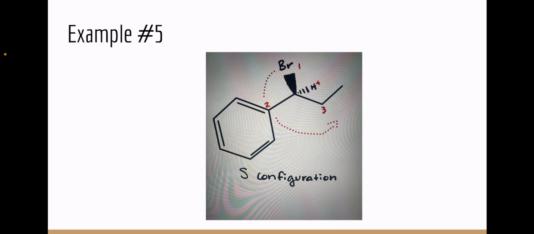The one on the right is connected to 1 more carbon, but then it is connected to hydrogens after that. So the one on the left is going to have a higher atomic number overall. It is going to get priority number 2, and this will be moving counterclockwise, having an S configuration.